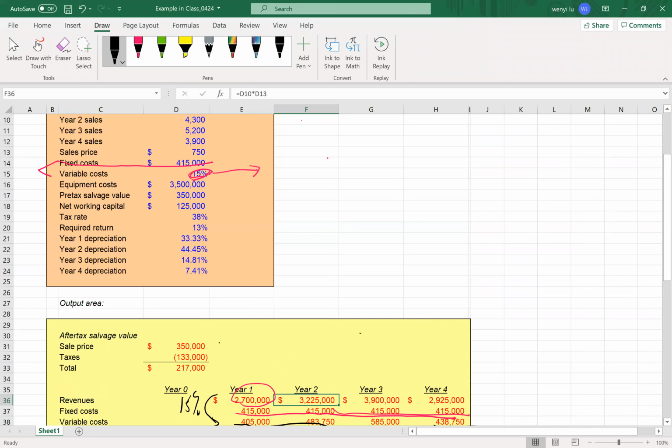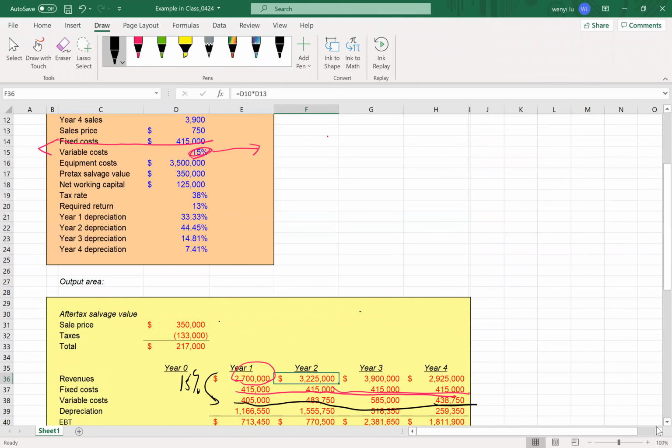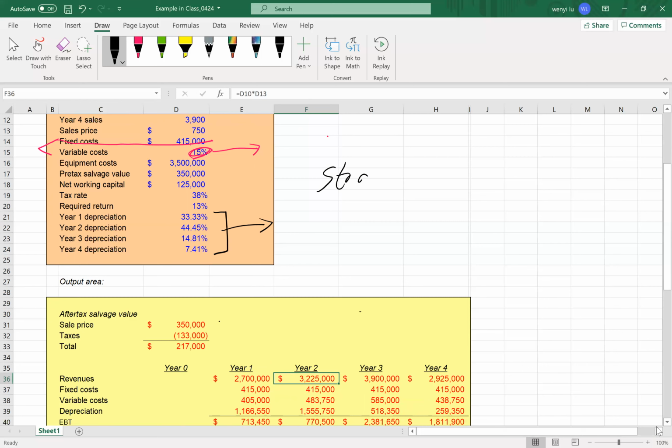So revenue minus fixed cost minus variable cost will be the gross profit. Gross profit minus depreciation will be the EBIT. How about depreciation? Be careful. In this example, it's not the same as the example we showed in the last class. Last class we had the straight line method for depreciation, which means every year the depreciation is the same.